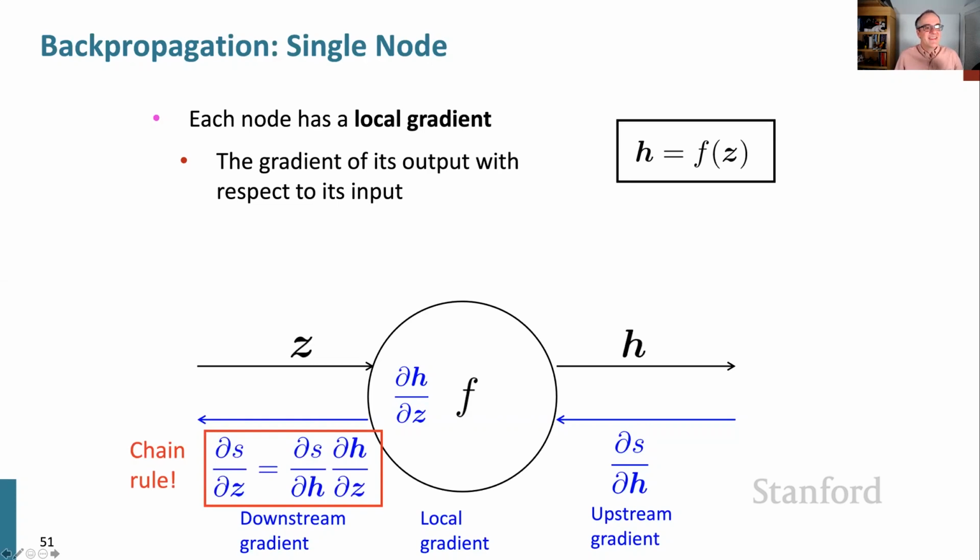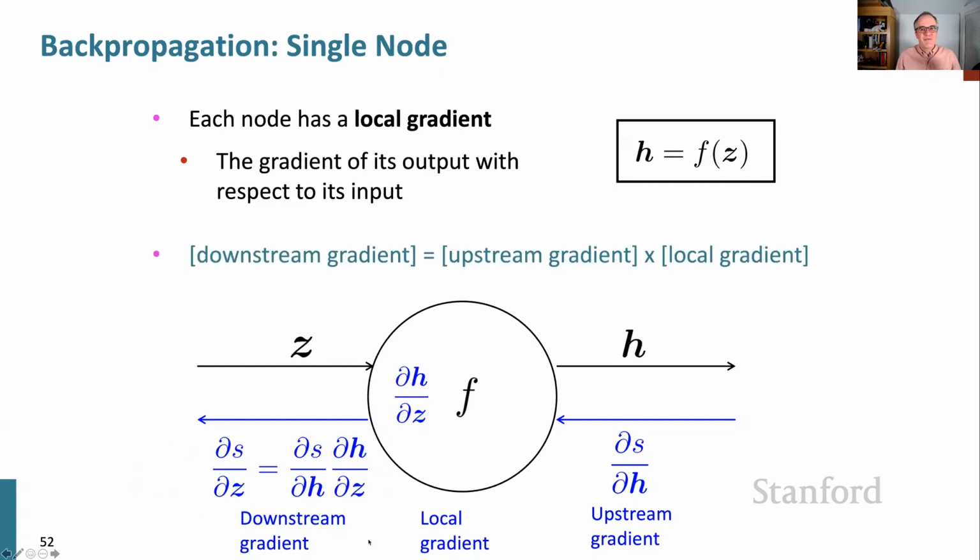We're going to say that ds/dz equals the product of ds/dh times dh/dz, where this is, again, using Jacobians. Okay, so the general principle that we're going to use is that downstream gradient equals the upstream gradient times the local gradient.